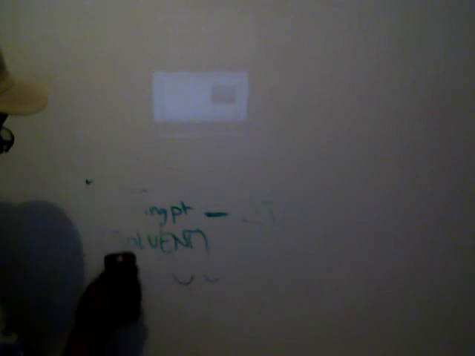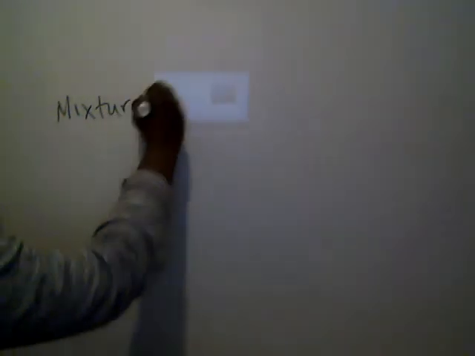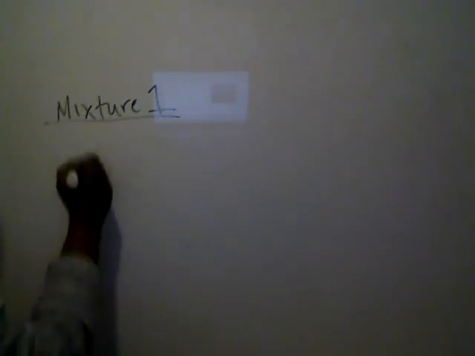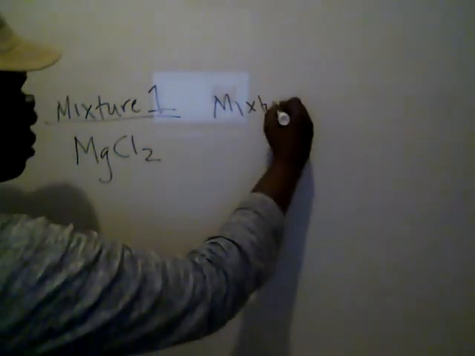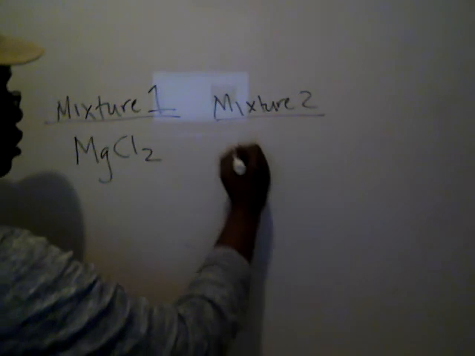And as a last example, in case they give you this and have you just compare different things and not actually calculate, let's look at this type of example. Let's say we have 3 mixtures. Mixture 1 has MgCl2 as the solute. Mixture 2 has Al2O3 as its solute.